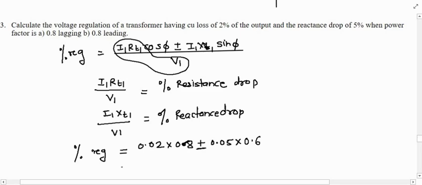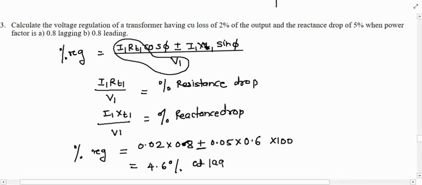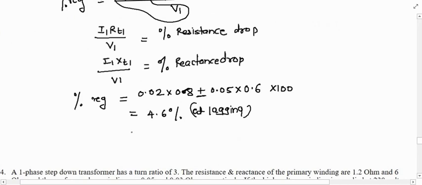There is no division by V1 because this is already taken care of, so we multiply by 100. What we get is 4.6% at lagging, when the sign is positive, this is the regulation at lagging, and minus 1.4% at leading.